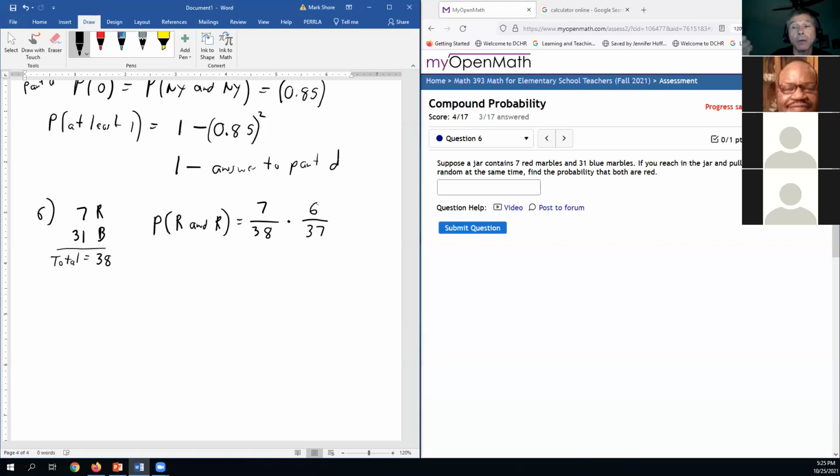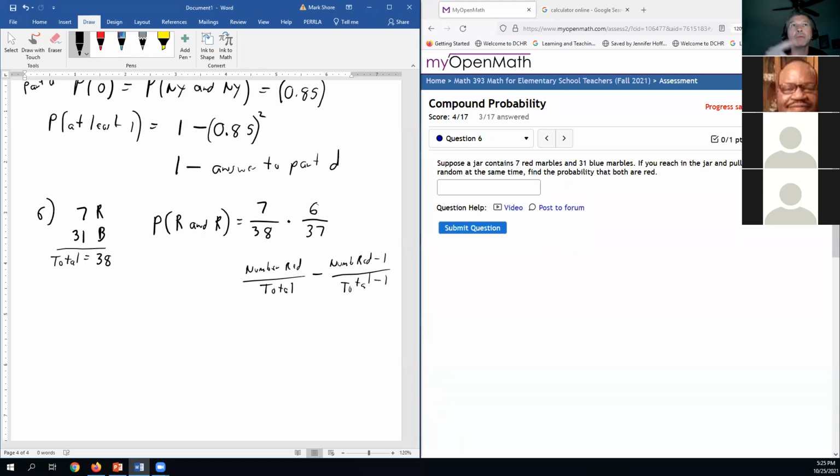And since you already have a marble, it knocks the number of marbles down from 38 to 37. So in general, what we did is the number of red out of the total. Then when one is gone, it was the number of red minus 1 over total minus 1, because we had that one red marble in our hand.